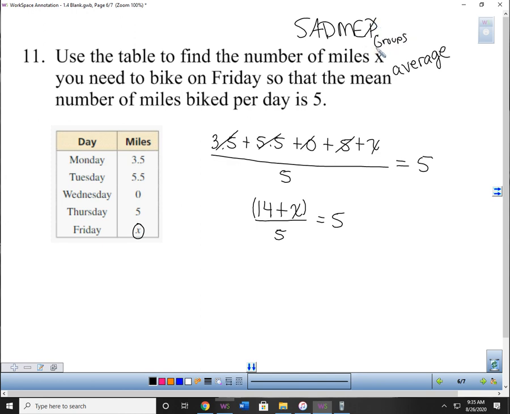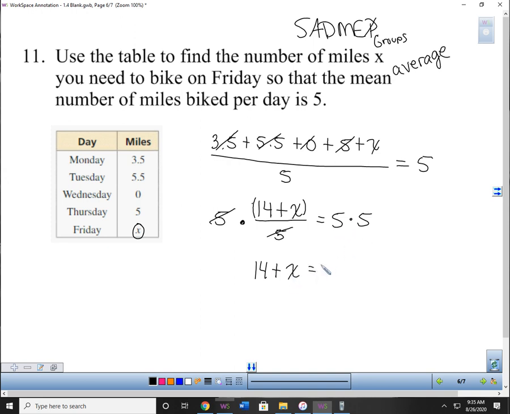A group of numbers. So anything that's all together in the numerator or the denominator is a group. So if I want to get access to the X, the first thing I have to undo is dividing by 5. So how do I undo dividing by 5? I'm going to multiply by 5 on both sides. That way this cancels, and now all I have left is the group of numbers that was in the top.